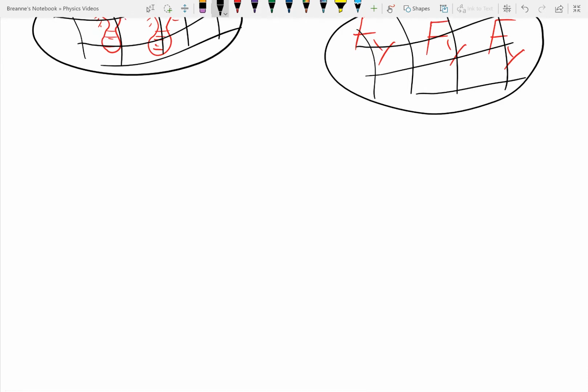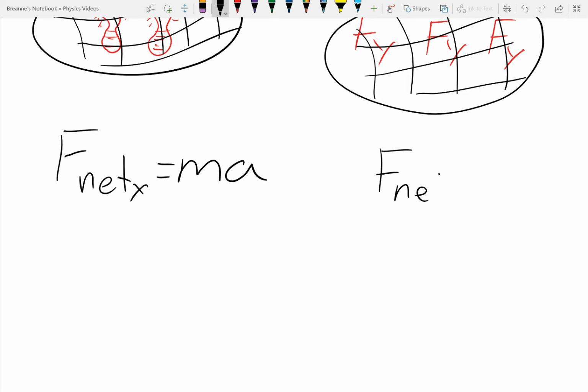So you have your net force in the x direction, and your net force in the y direction. Again, think about your graphing. You have your y-axis and your x-axis.